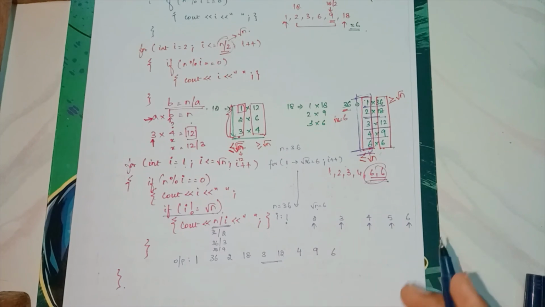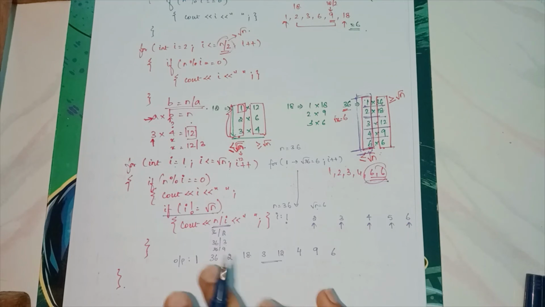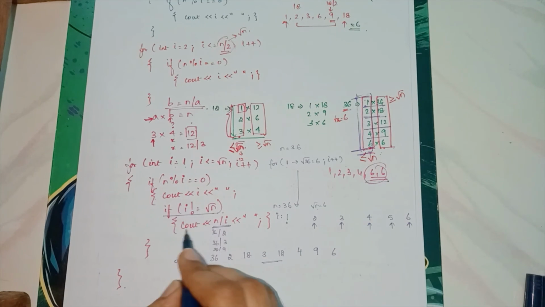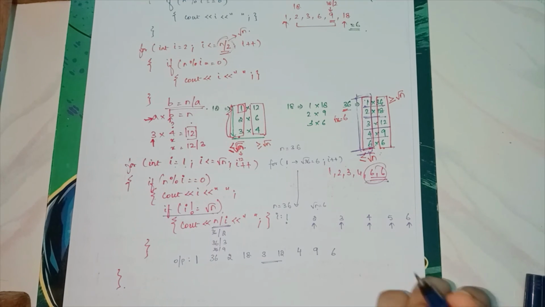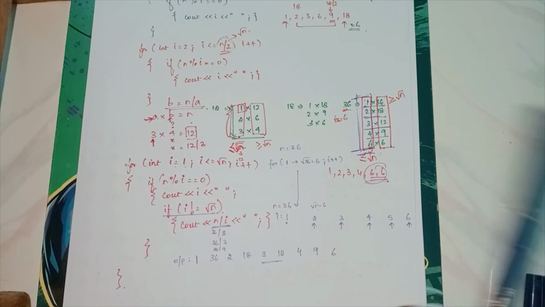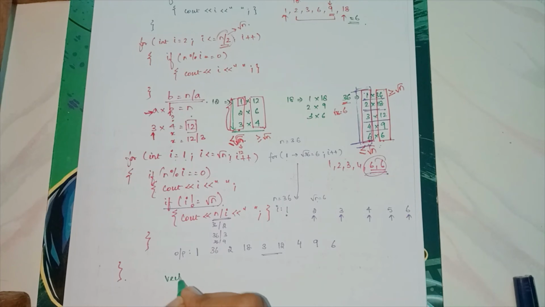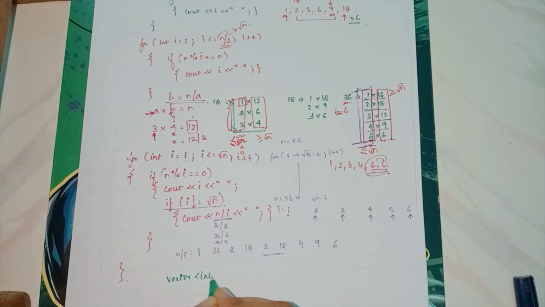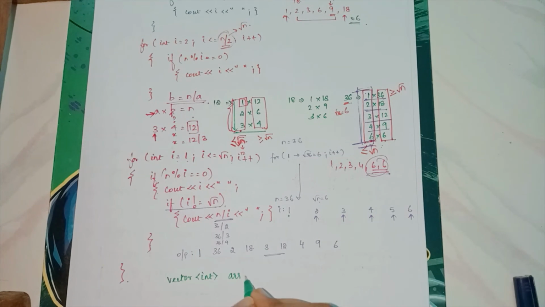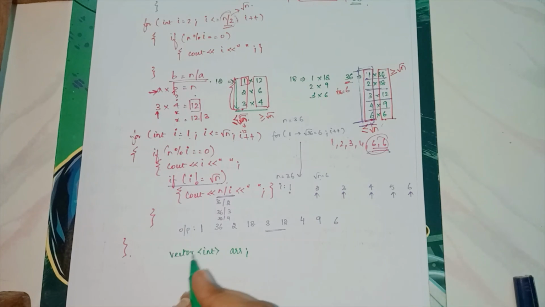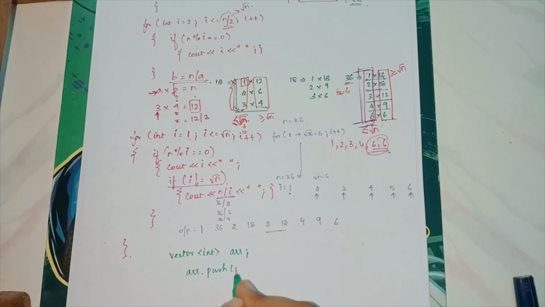So this concludes it. If at all you want to sort whatever you want, you can do something like this. Instead of printing things here, you can start to store it in a vector and then sort the vector at the end. Okay, it's kind of simple actually. What I mean to tell is that you can have some vector of int arr, and instead of cout i, you can write arr dot push_back of i.